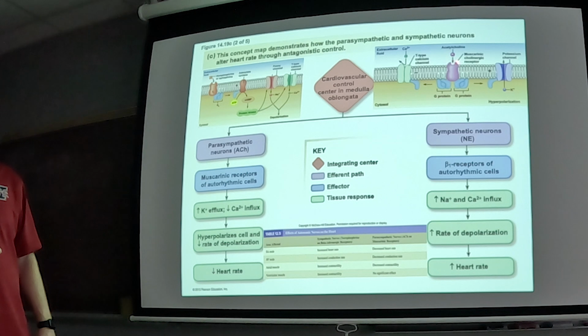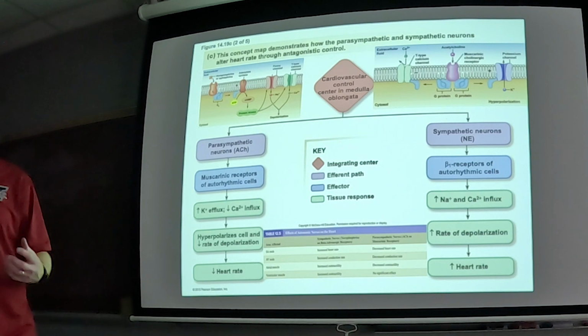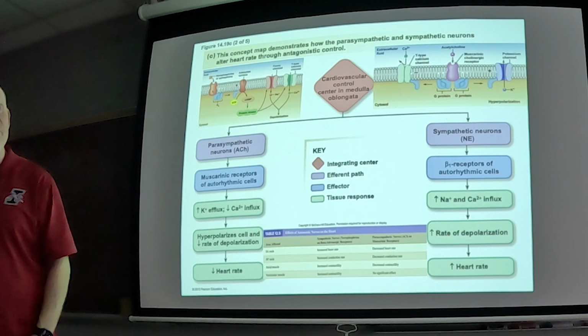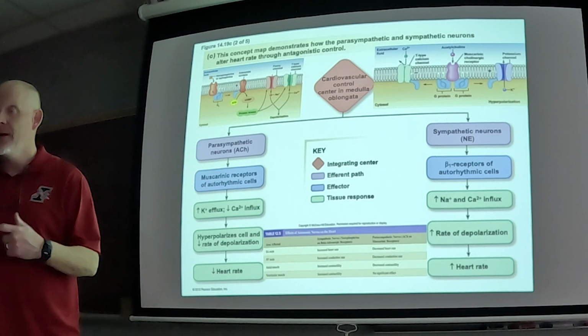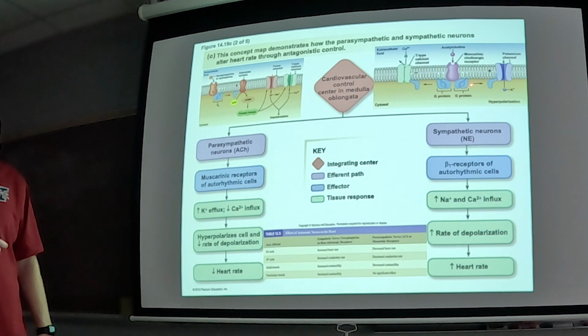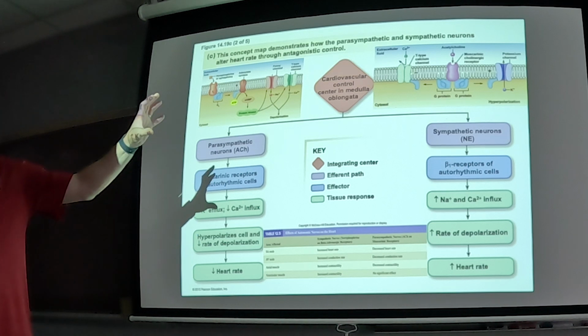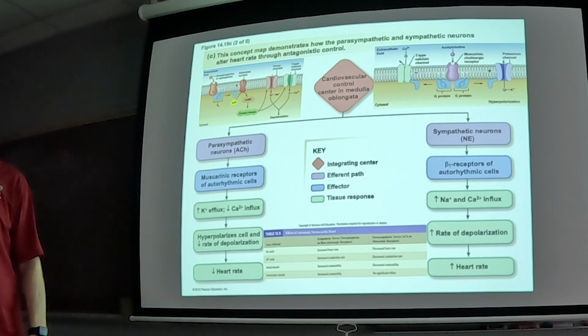But the type of receptor that's found in the nodal cells, the SA node and the AV node, with acetylcholine and the parasympathetic nervous system, are muscarinic receptors. This is a G-coupled muscarinic receptor. Now, this is pretty cool in the sense that the G proteins in this instance don't cause the activation of kinases.